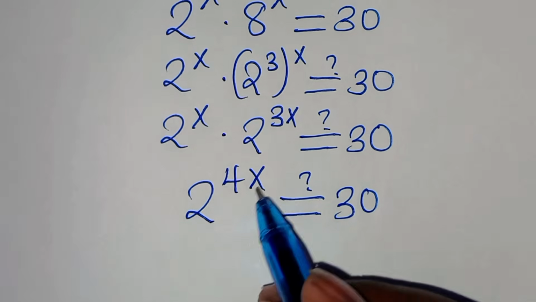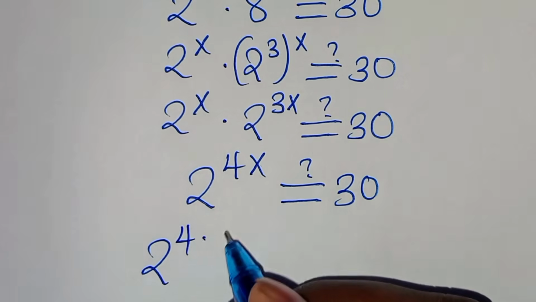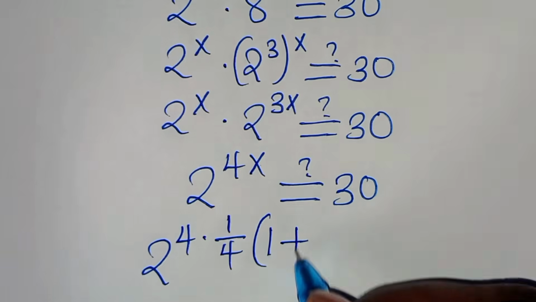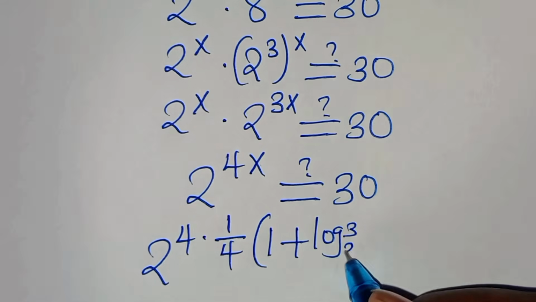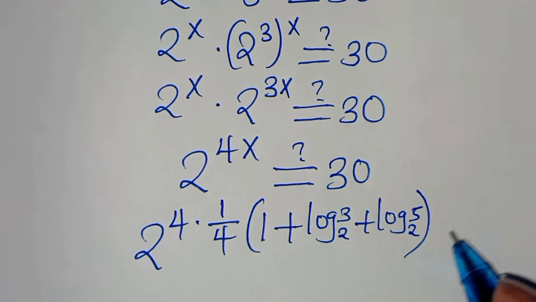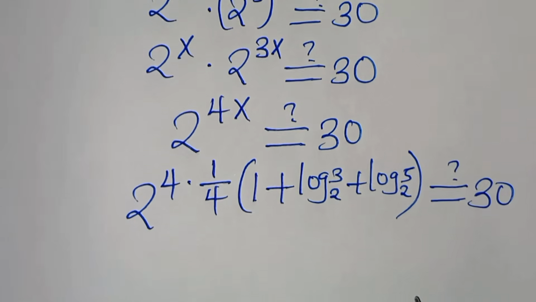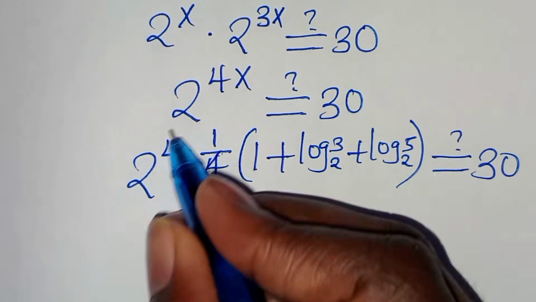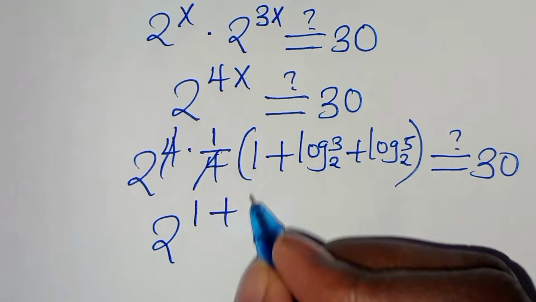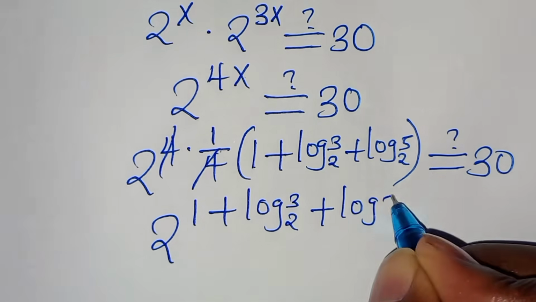So the next step is to substitute the value of x so that we have 2 to the power of 4 times x, which is 1 over 4, into the parentheses, 1 plus log 3 to base 2, then plus log 5 to base 2. This should give us a value of 30. Let's simplify 4 and 4 here so that we have 2 to the power of 1 plus log 3 to base 2, then plus log 5 to base 2.